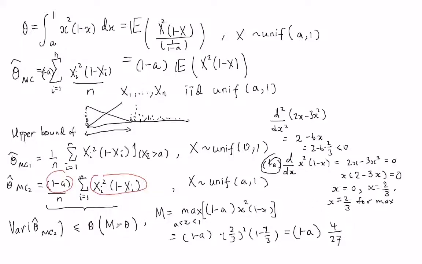Right, so I know that this one will be something like theta, 1 minus a, 4 over 27 minus theta, right? So this is its upper bound, right?